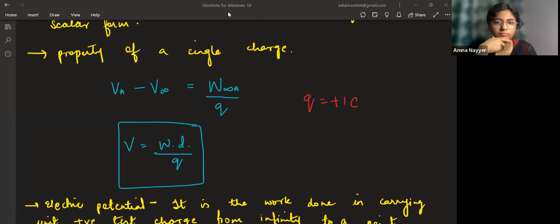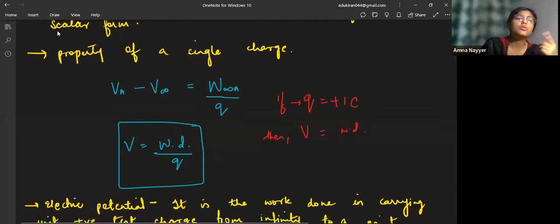Then electric potential will be equal to work done. Exactly, electric potential will be equal to work done. So if this is the condition, then only we can say potential is equal to work done.